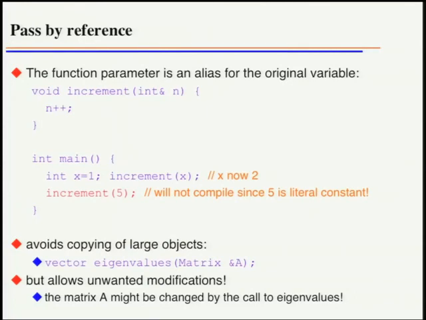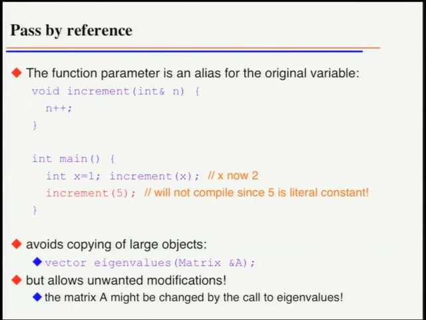So the advantage of passing by reference is that we do not need to copy any large objects. We save memory and CPU speed. The downside is if you have such a function, eigenvalues of the matrix passed as a reference, this function might change your matrix A. It may not change it, but you don't know.